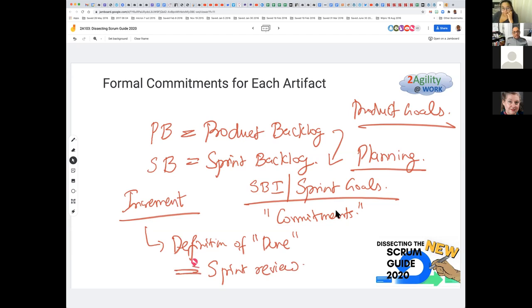And there are intermediary checkpoints on a daily basis of whether we are on track for our sprint goal commitments, which is called the daily Scrum. The team meets every day to review the work that has been done in the last 24 hours and whether we are on track. Reviewing the commitment is the daily Scrum meeting. So that's the formal commitment.